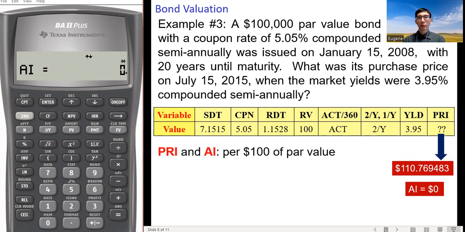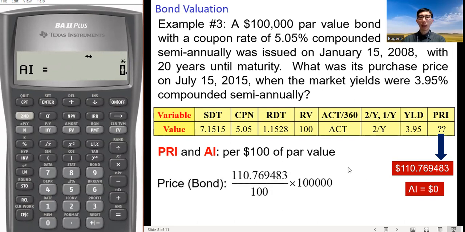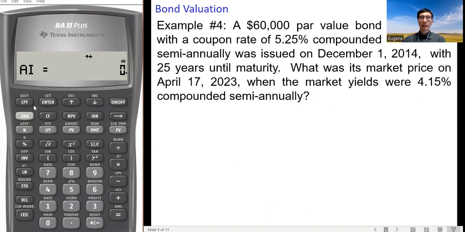So we take the value of the PRI divided by 100 and then multiply by the par value 100,000. And then we get the purchase price of the bond. Let's take a look at the next example.